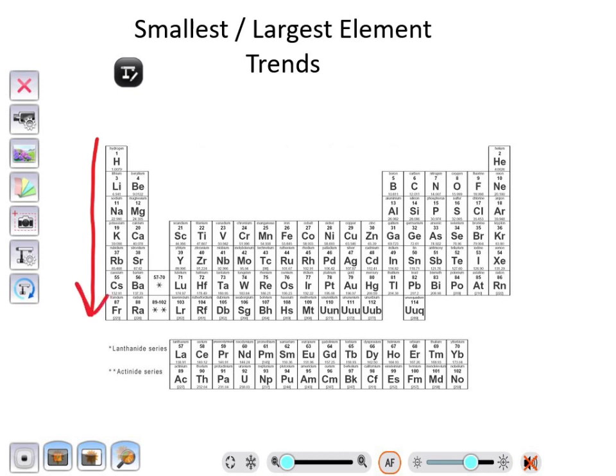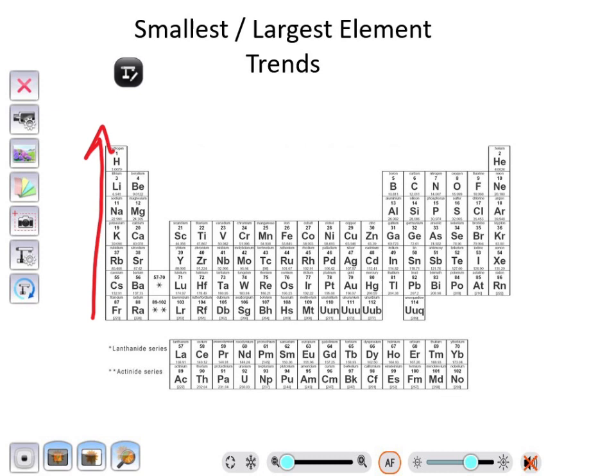Radius increases or decreases going down the periodic table? Increases. It gets more and more energy levels, so it gets bigger and bigger going down. Is that the direction we want to go to find the smallest? We want to go in the decreasing direction, so that means we need to look up. This would be decreasing atomic radius.